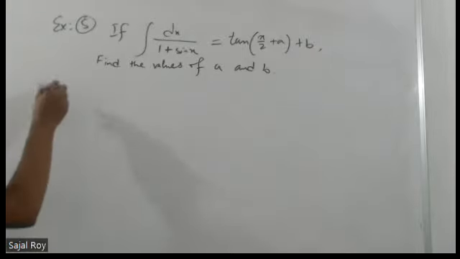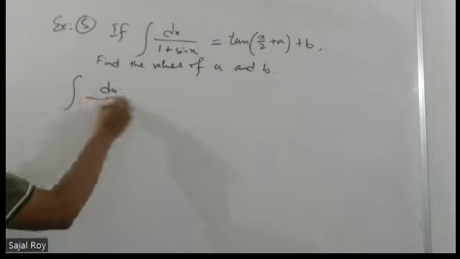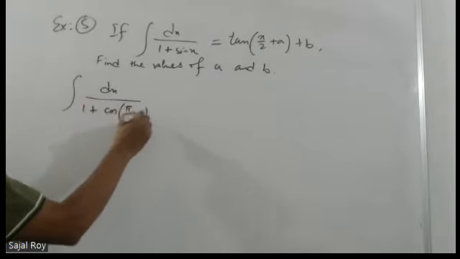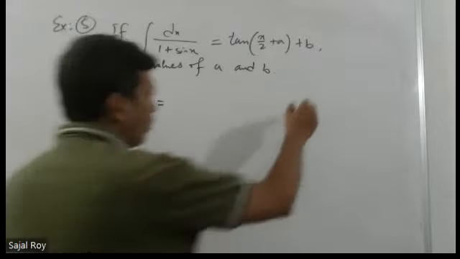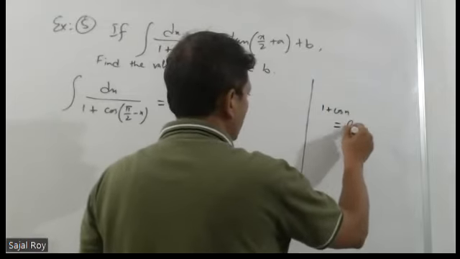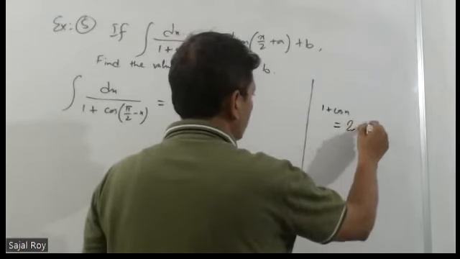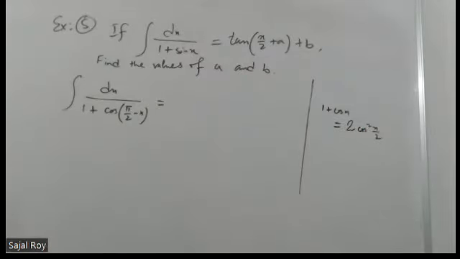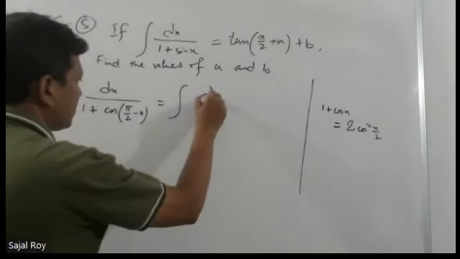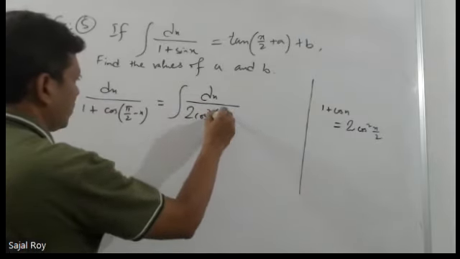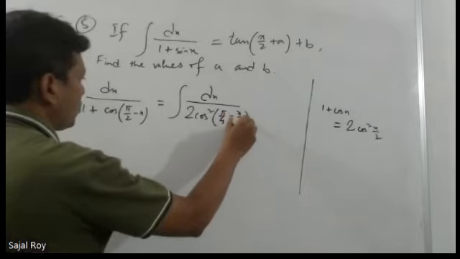So basically, you are writing sin x as cos pi by 2 minus x, and you know from multiple angles, 1 plus cos x is 2 cos square x by 2, right? So that is dx over 2 cos square of pi by 4 minus x by 2, right?